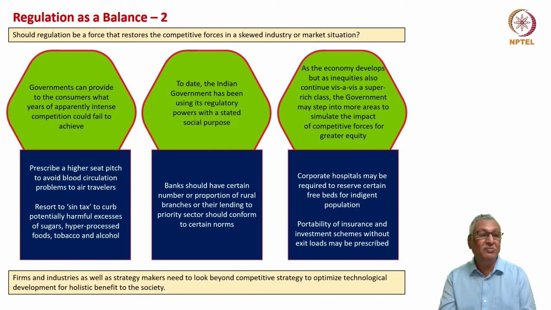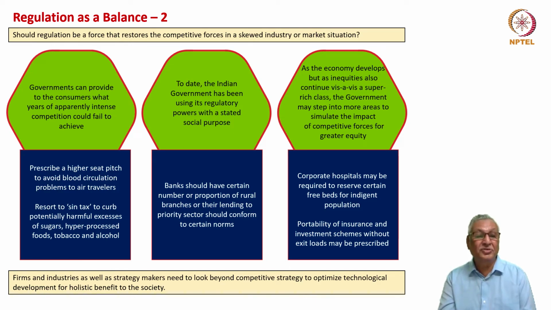For example, they can simply say aircraft should have a higher seat pitch to avoid blood circulation problems to air travelers in the economy class. Just one prescription. What could not be achieved over decades of airliner competition could happen through that.